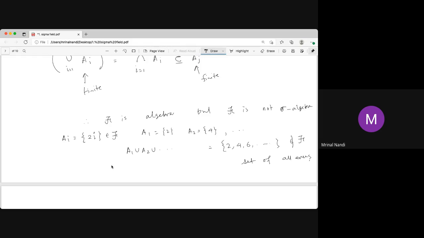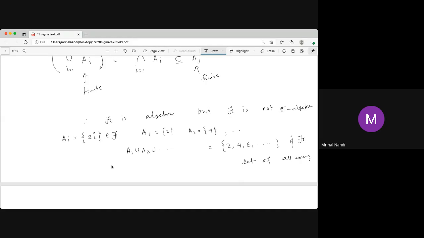Again, if omega, the universal set, is finite, then an algebra must be a sigma-algebra. That was the case in the first example in the previous slides. Number two, if the collection F itself is finite, then again an algebra is a sigma-algebra, because you can't take an infinite union from a finite collection of subsets, even though the set may be infinite.